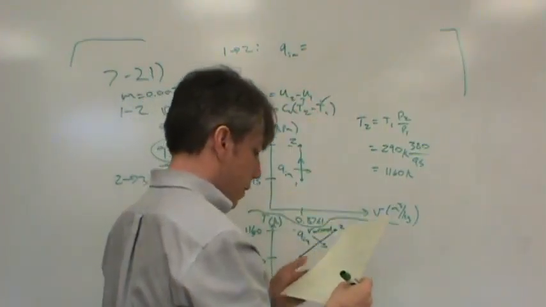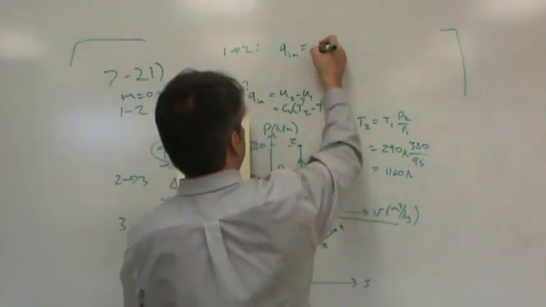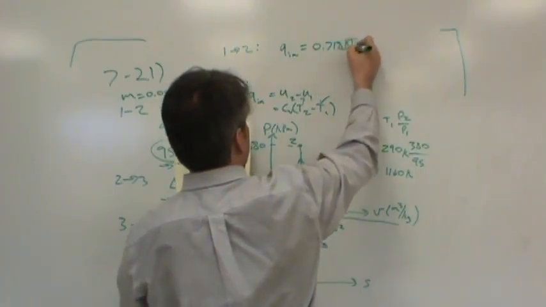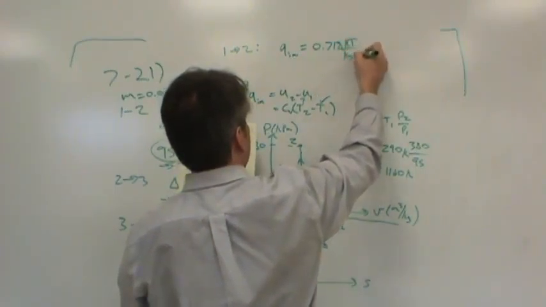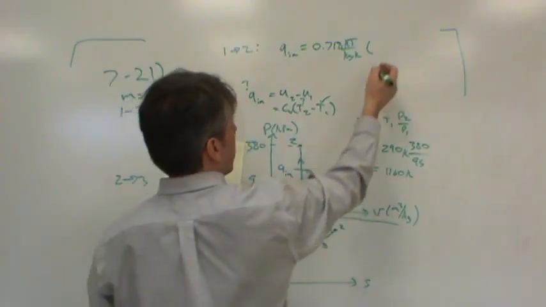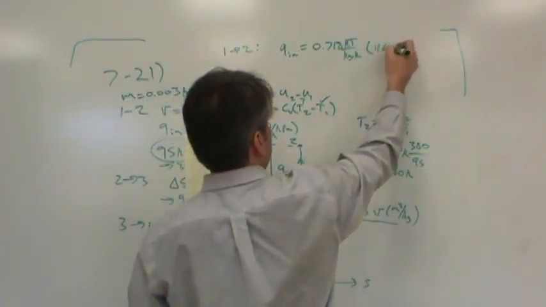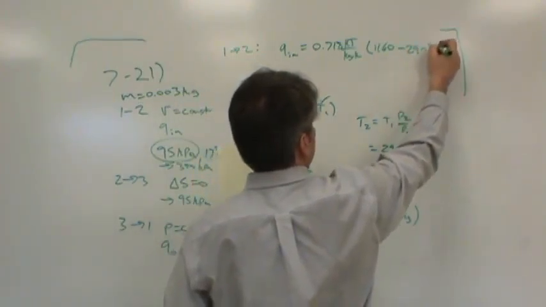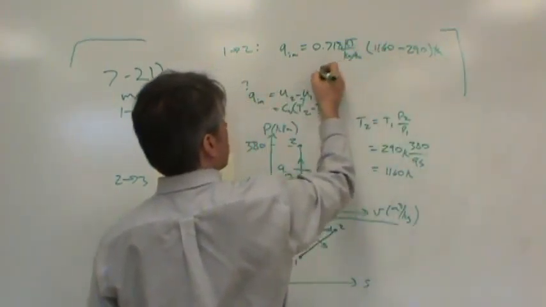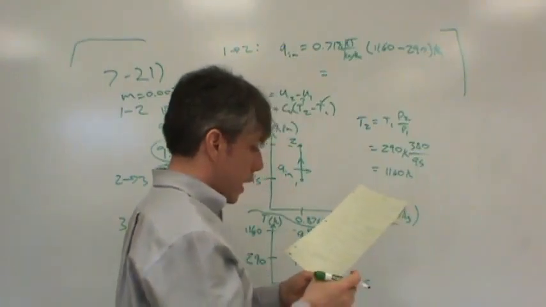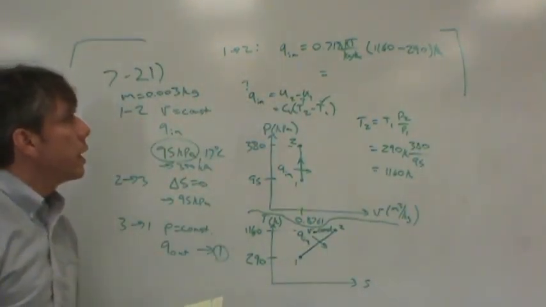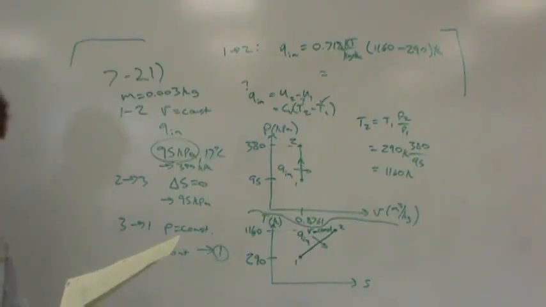We need the heat capacity for air at constant volume, and if you look that up in the back of your book, it's 0.718 kilojoules per kilogram per Kelvin. The temperature change is 1160 less T1, 290. The units are Kelvin, so we get kilojoules per kilogram. So multiply that out if you would, please. 0.718 times the difference between 1160 and 290.